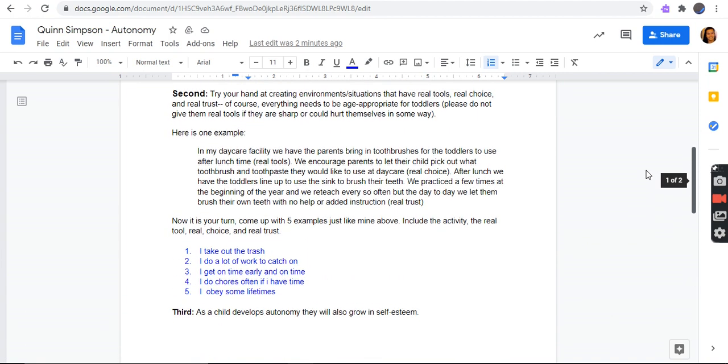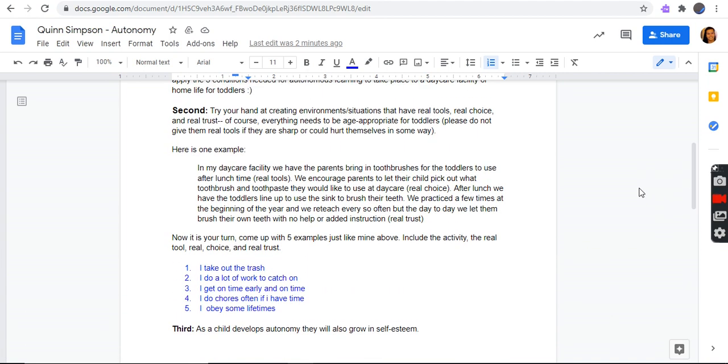Second, try your hand at creating environments that have real tools or situations that you actually have, real choice and real trust. Of course, everything needs to be age appropriate for toddlers. Please do not give them real tools if they are sharp or could hurt themselves.